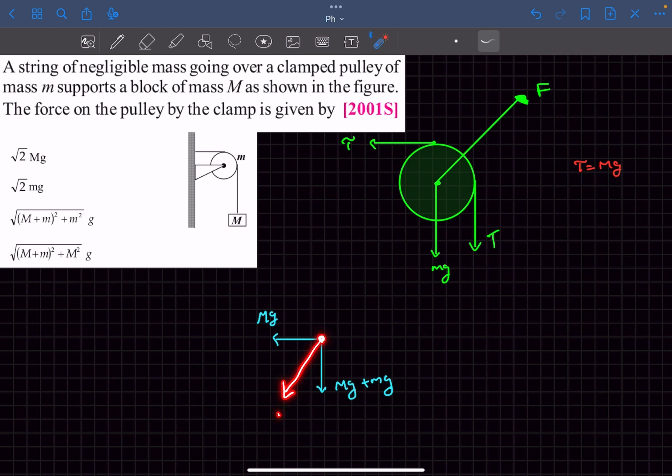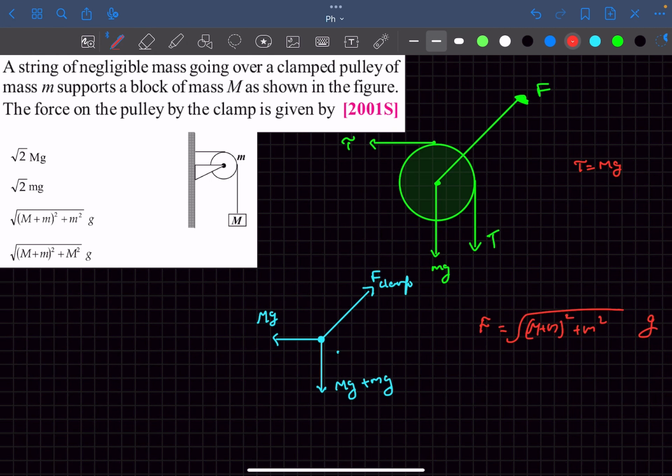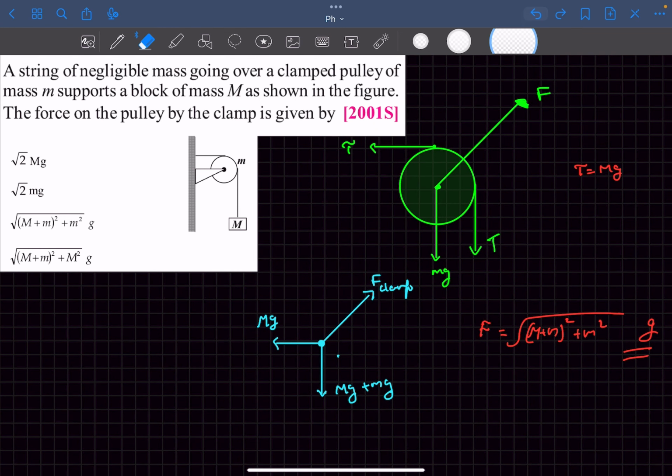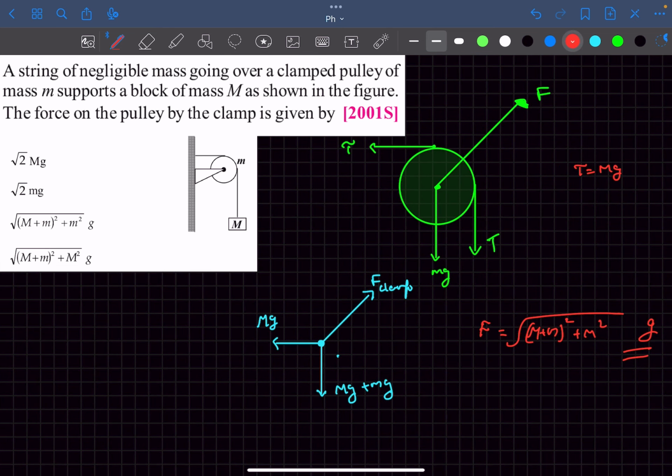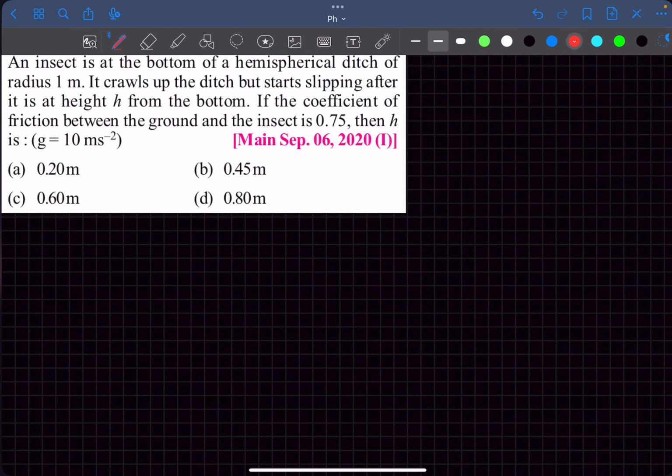The force applied by the clamp must be opposite to this resultant and equal in magnitude so that they both cancel out. So all we have to find is the resultant of these. As these are perpendicular vectors, the resultant would be capital Mg, so option D is the correct answer. Moving on to the next problem.